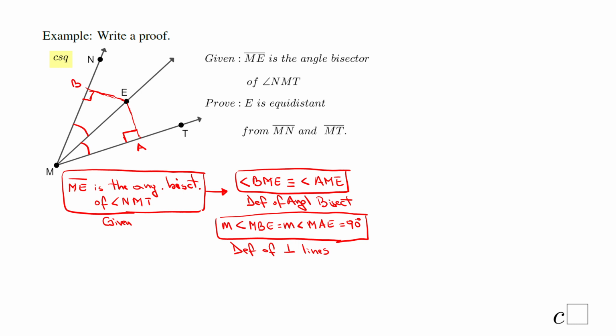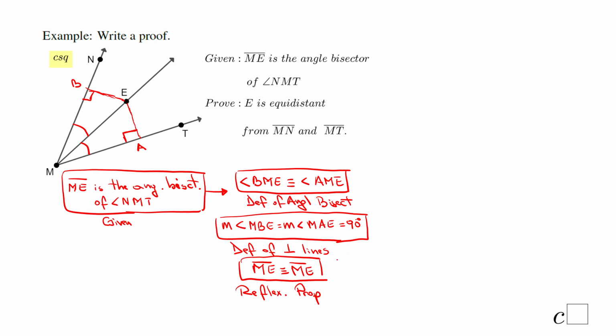So now we know we have two right triangles, we have congruent angles, and also we have a common side. ME belongs to both triangles. So ME is congruent with ME. This is what we call the reflexive property of congruency.